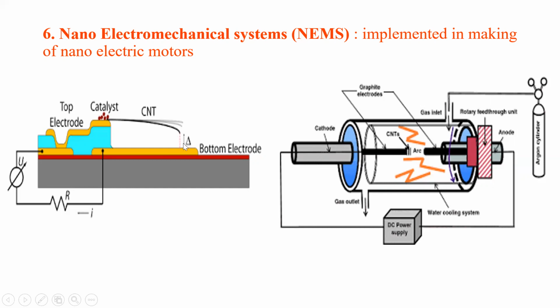So based on the electrode distance, it operates. And how this nanoelectric motor works, we'll see in the next video. But this is also one of the very important applications of carbon nanotube. Like I said, you need not draw these diagrams. You may just write this when it is asked about applications of carbon nanotube.